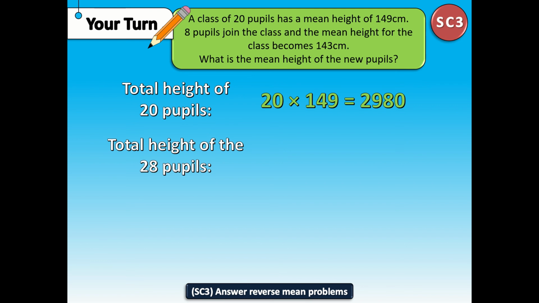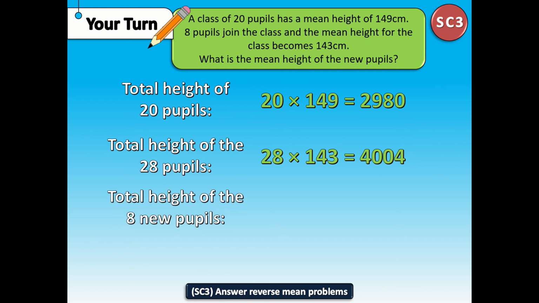Now 8 pupils join the class, so there's now 28 pupils, and their total height will be 28 times 143. So their total height is 4,004. So to find the total height of the 8 pupils, we take the total height of the 20 pupils away from the total height of the 28 pupils.